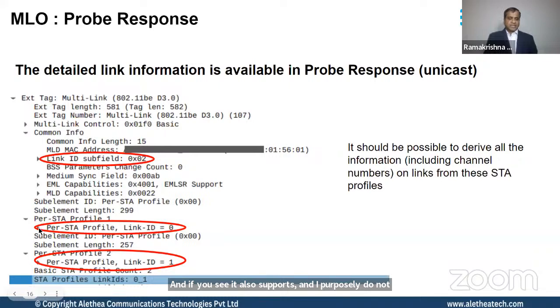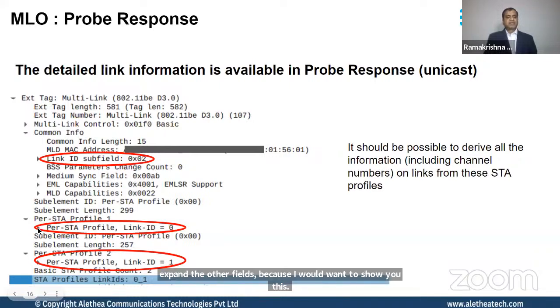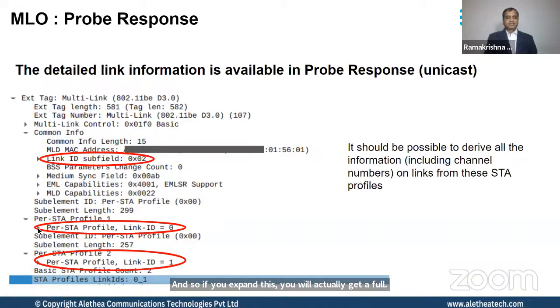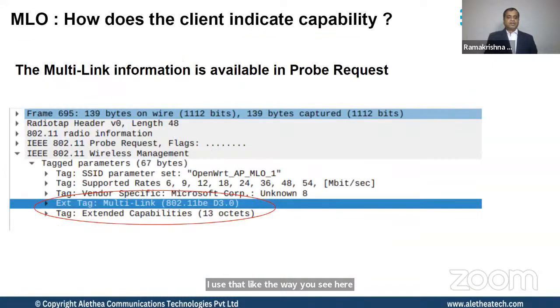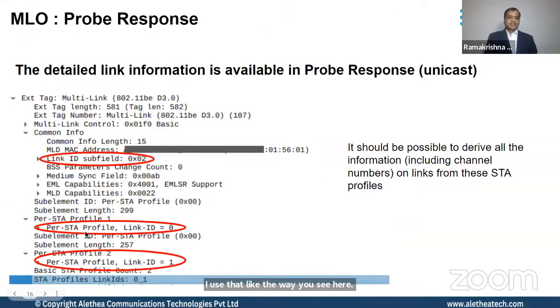If you expand this, you will actually get full-fledged IEs like the way you see here. What this means is that the probe response would be heavy. It would contain information about the other STAs, because the word STA itself means the whole thing.